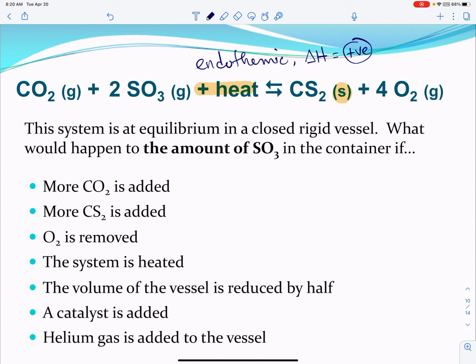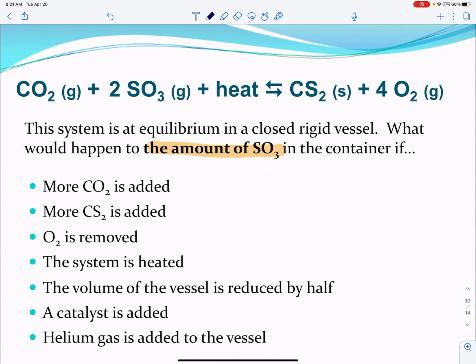If the forward reaction has a positive delta H, it's endothermic, then the reverse reaction would have a negative delta H. It would be exothermic. All right. Now the question is asking us to predict what will happen to the amount of SO3 in our container if we perform various stresses. So we're trying to figure out what happens to the amount of SO3 if we perform various stresses.